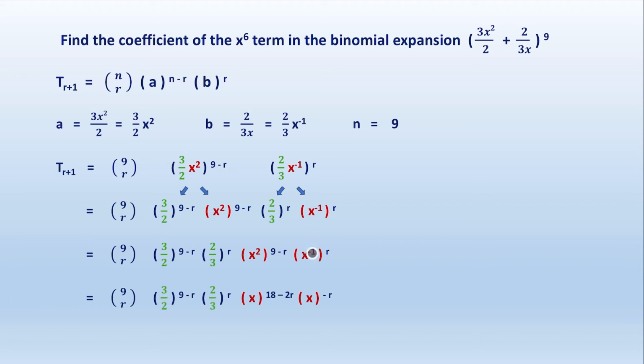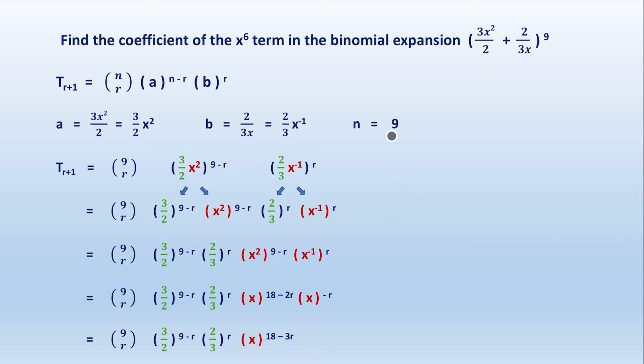And in the next step, we will simplify (x squared) to the power of 9 minus r into x to the power of 18 minus 2r. And in the final step, we can further simplify x to the power of 18 minus 2r multiplied by x to the power of -r would be x to the power of 18 minus 3r.